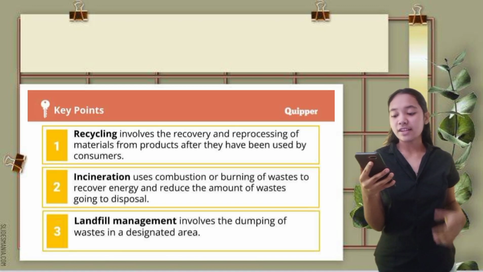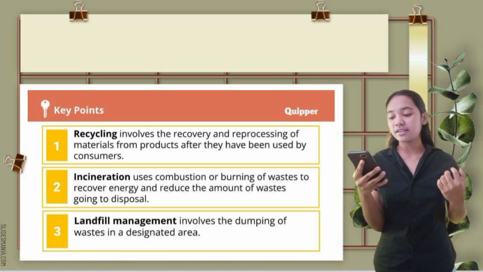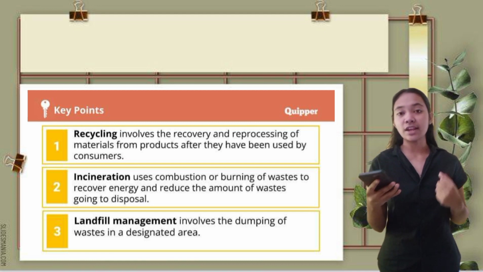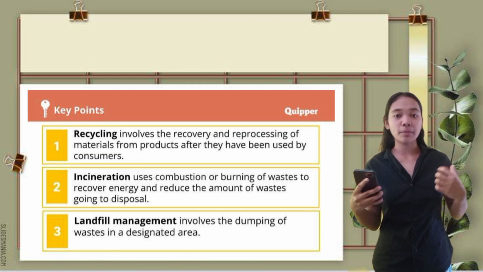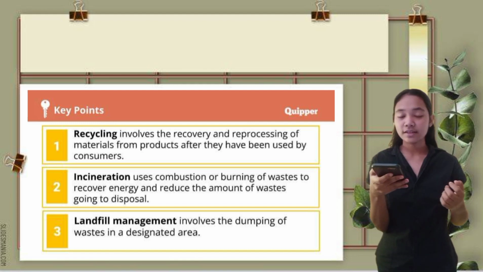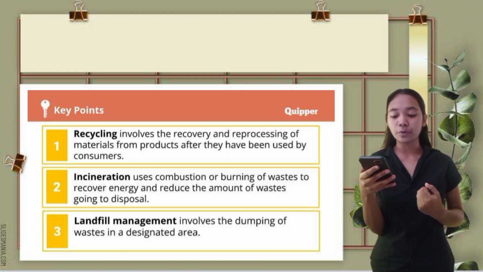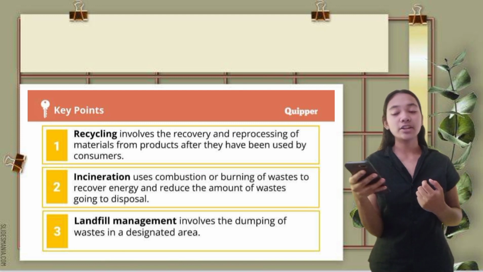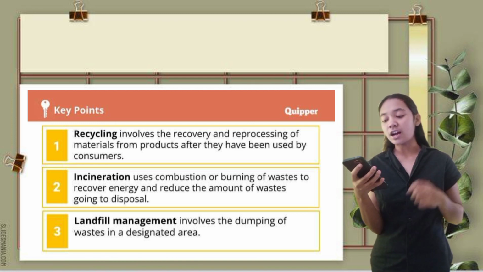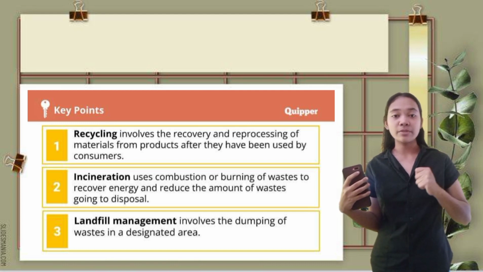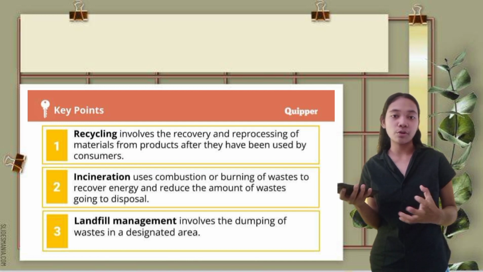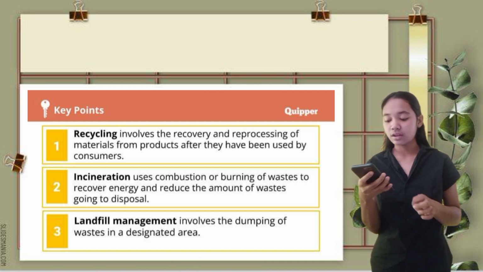Key points. Recycling involves the recovery and reprocessing of materials from products after they have been used by consumers. Recycling is very important in order to manage our waste and to lessen our waste in our community. Next is incineration, which uses combustion or burning of waste to recover energy and reduce the amount of waste going to disposal. This means using waste to drive a turbine to produce electricity for many households.